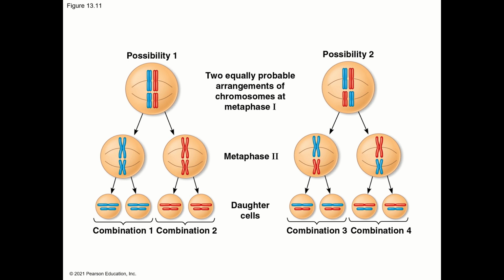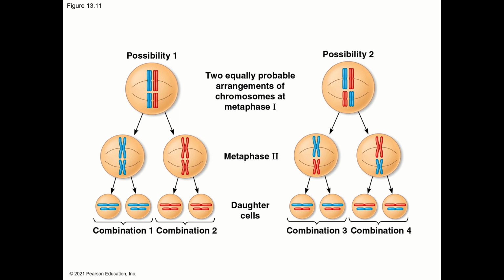Another illustration is that during that random assortment, some of the paternal sister chromatids are on one side and the others are on the other side. Some of the paternal sister chromatids are on one side and some align on the other.